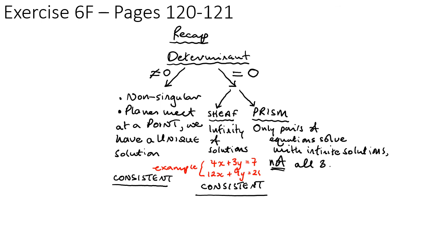So there is no solution for all three, in which case this is inconsistent. So we're not worried about the planes that meet in an H shape, or the planes which are all parallel to one another. We're only interested in describing whether it's a point, a sheaf, or a prism.